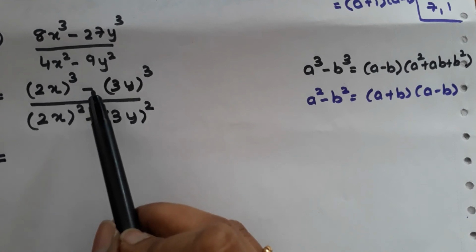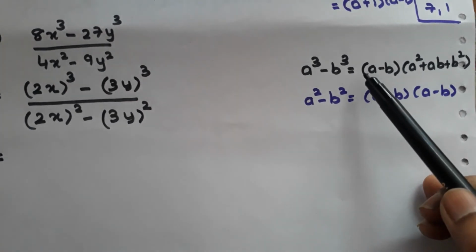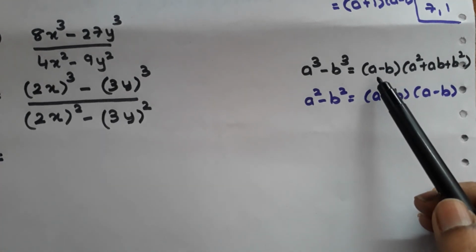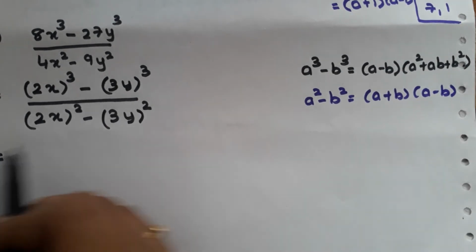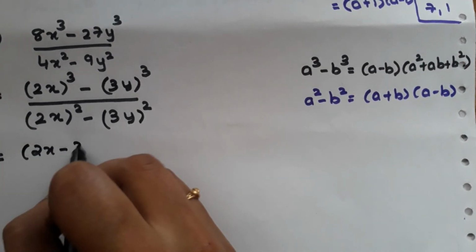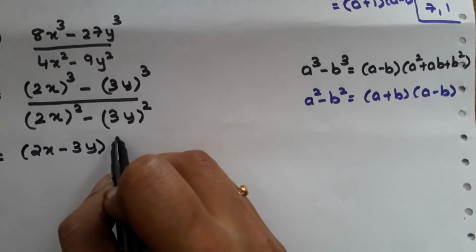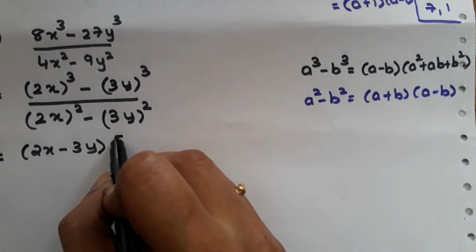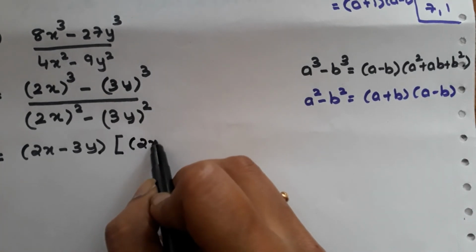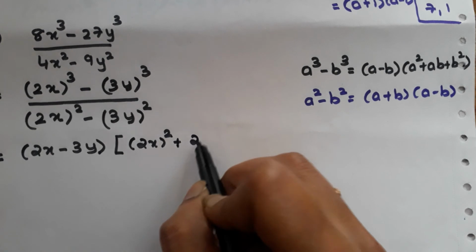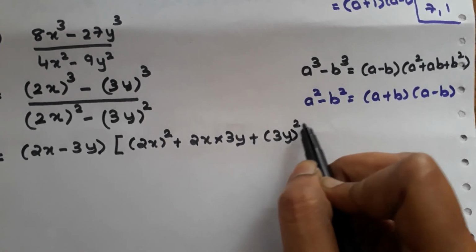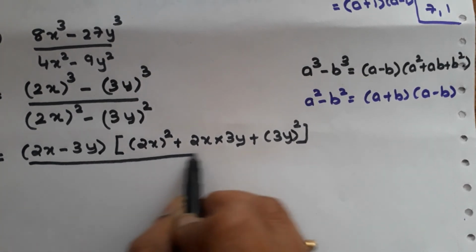So for the numerator I am going to use the first expansion formula a cube minus b cube. In this case a is 2x and b is 3y. So using the expansion formula we get 2x minus 3y into square bracket, 2x the whole square plus 2x into 3y plus 3y the whole square, square bracket complete, upon.